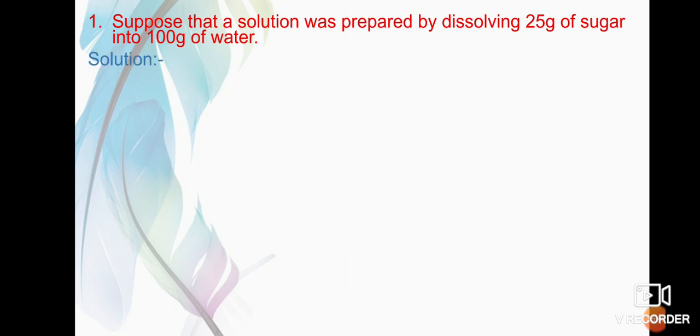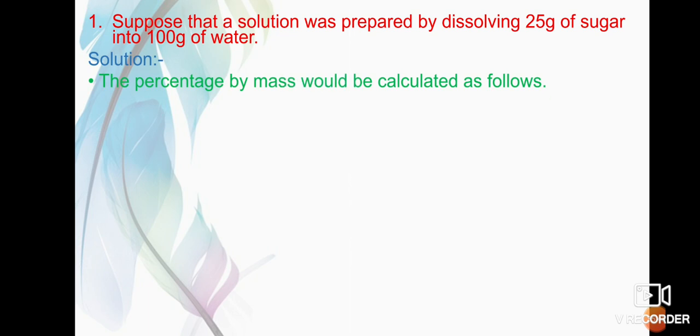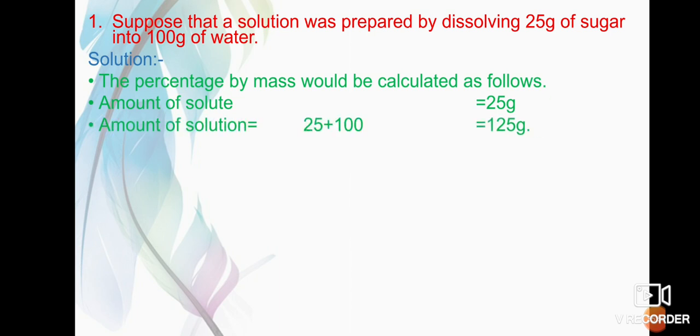So the percentage by mass would be calculated as follows. How much solute are we taking here? Solute means the smaller component, that is 25 grams of sugar. Then how much solution are we making? By combining 25 grams of sugar and 100 grams of water, it means 125 grams.